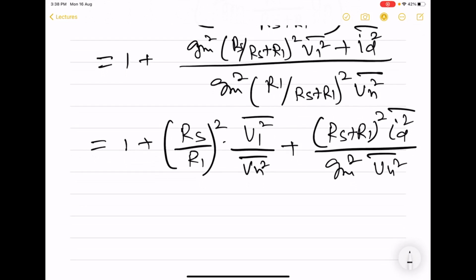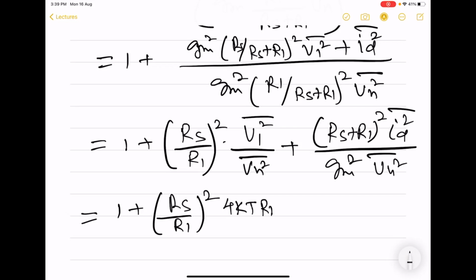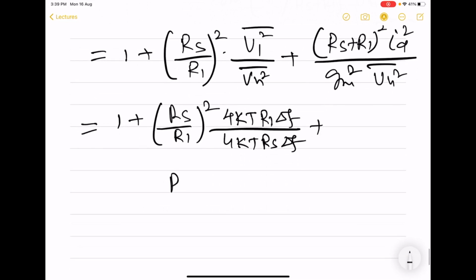Now we will substitute these V1, Vn, ID in terms of their expression. When we substitute each of the sources by their expression, this is what we get: 4kT R1 delta F divided by 4kT Rs delta F, plus (Rs plus R1) whole square.